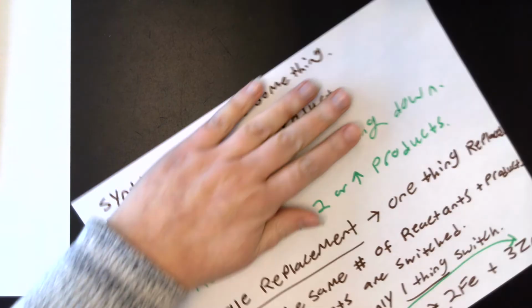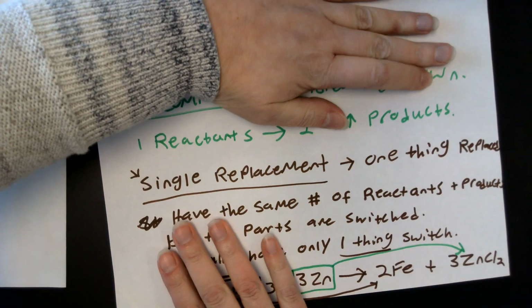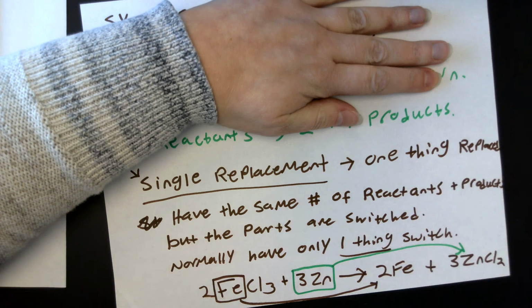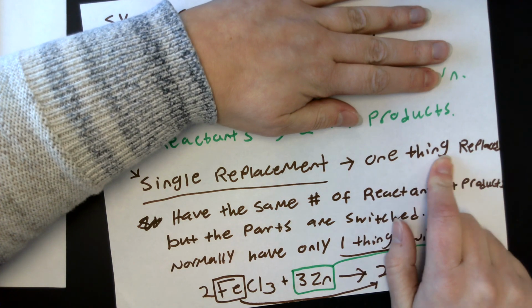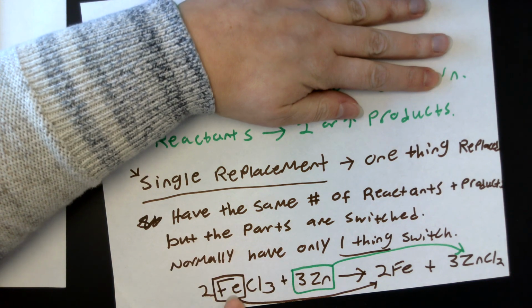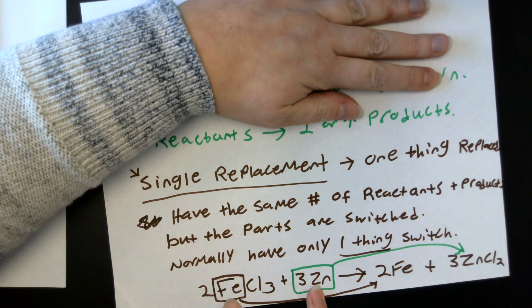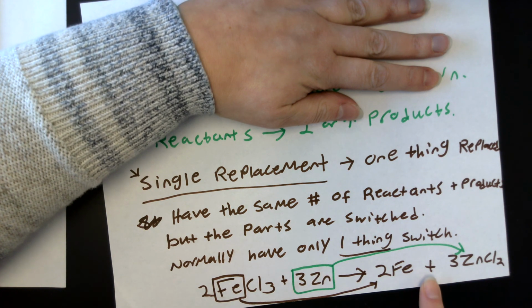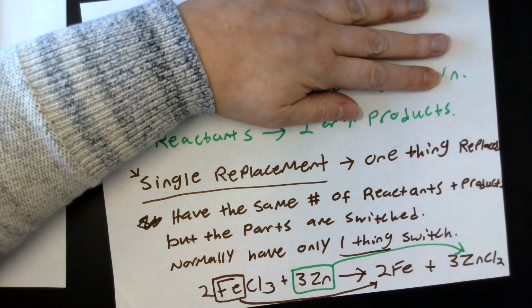Then we have single replacement, where we have one thing that's replaced. We have usually 2 parts and 3 elements, and usually the one that's all by itself switches with the one that was with a partner.